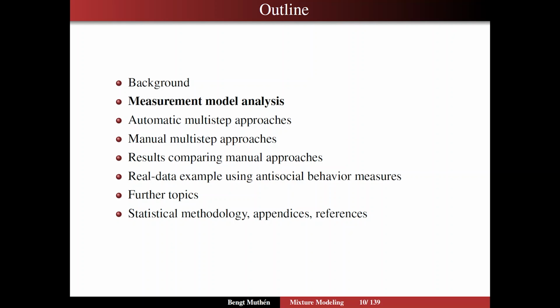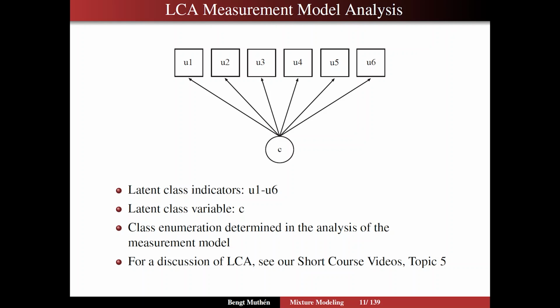Turning to slide 10, the outline shows that we are ready to talk about the measurement model analysis. On slide 11, we have a measurement model that is a latent class analysis model.